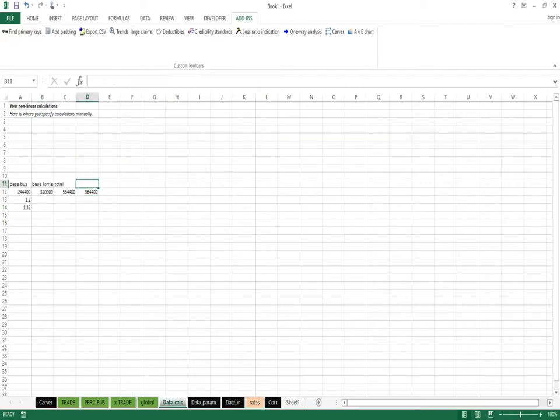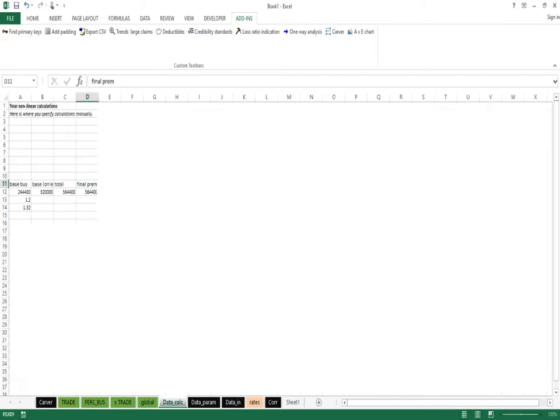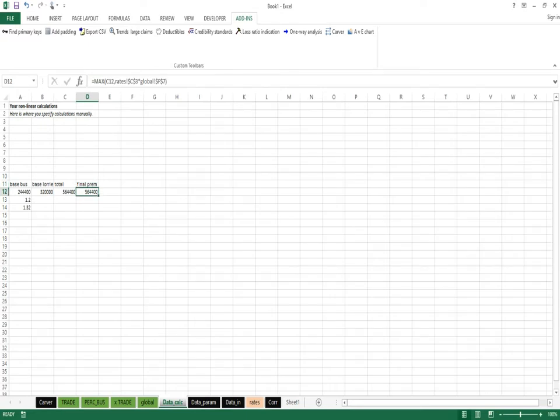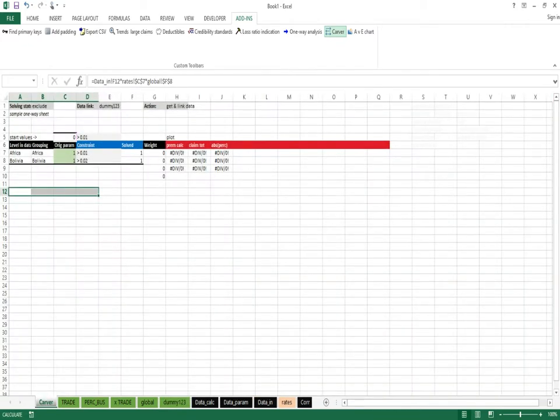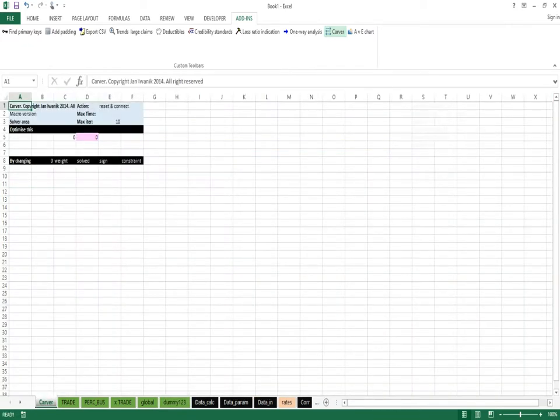Okay, so that's the final premium. So we define the premium calculation. So now we can go to the Carver main sheet and reset Carver so it recognizes the work we've done so far. Click. Okay, so that step is completed.